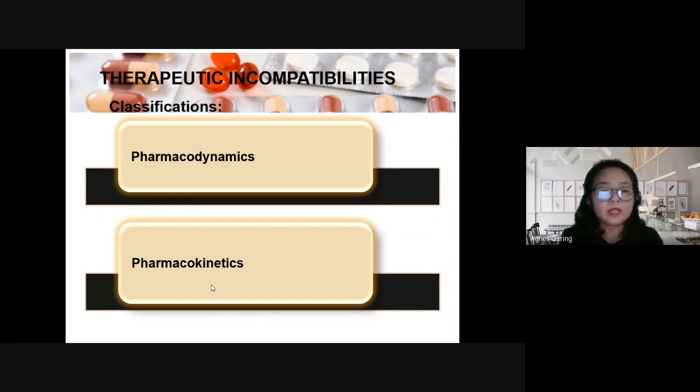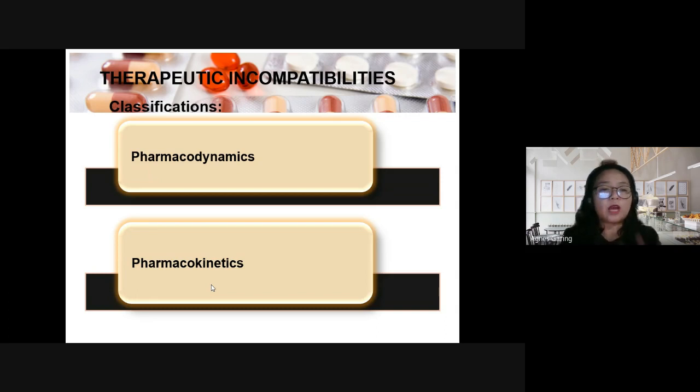If chlorphenamine is taken with another anti-anxiety drug, or a depressive agent, so possible additive or synergistic effect, okay. So there's a change in the effect of the drug kasi nga nagkaroon ng synergism, let us say, or additive effect, no.